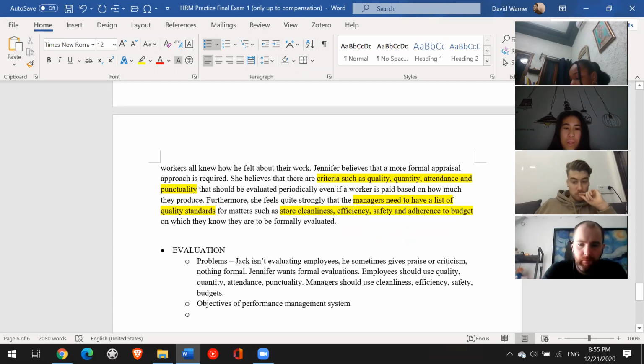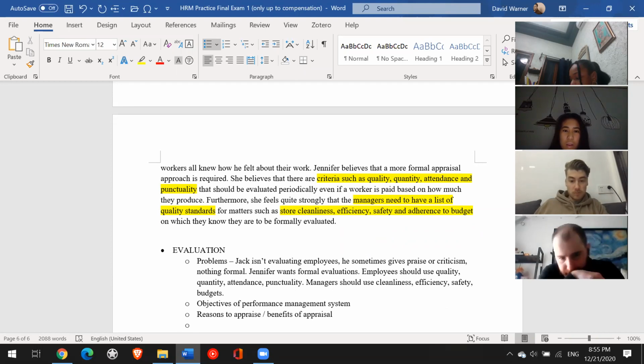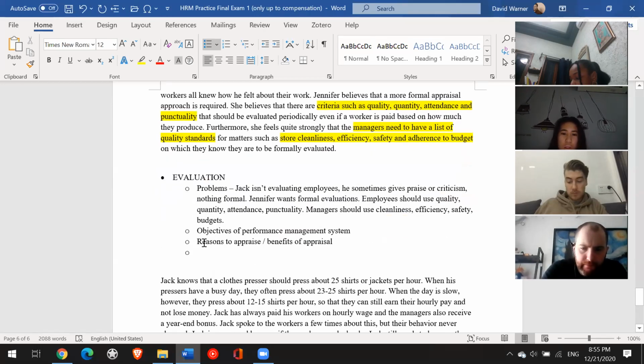Reasons to appraise, sure, and maybe benefits as well of doing the appraisal. I might put that in after. I don't think that would be the most important thing to me if I only had limited time to answer this question. You'd be getting to the end of your time on the test, so I might save that for if I had extra time.